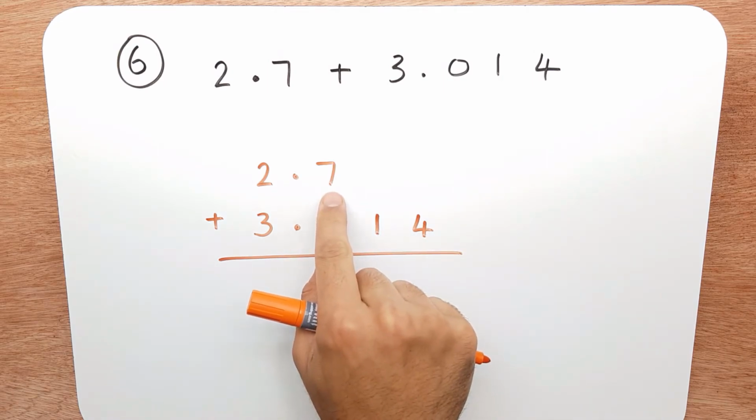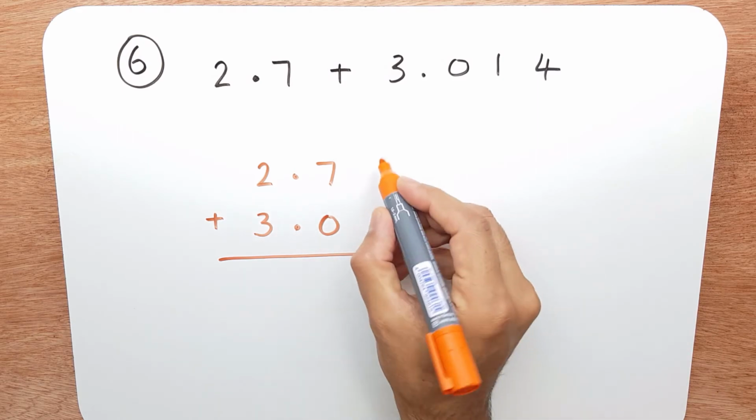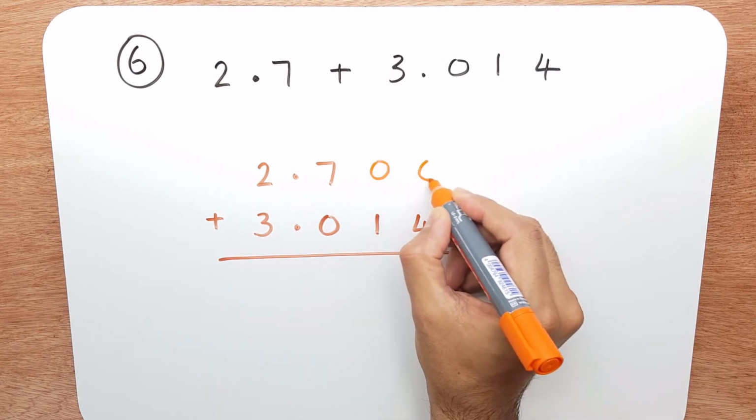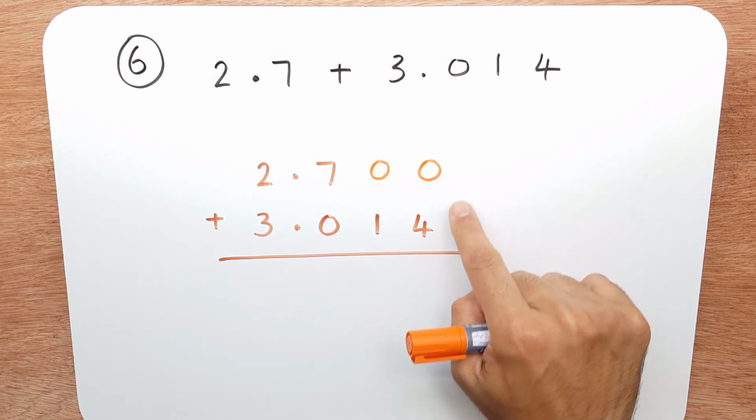Now if you look carefully, there's only one decimal place here, so we can put 2 helpers here. This 0 and this 0. This makes it much easier to see what to add.